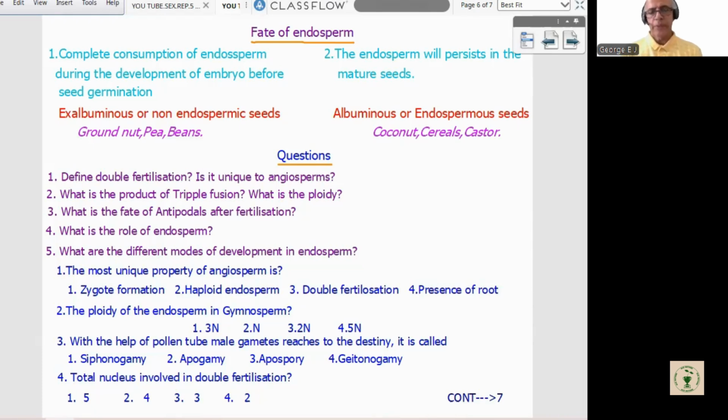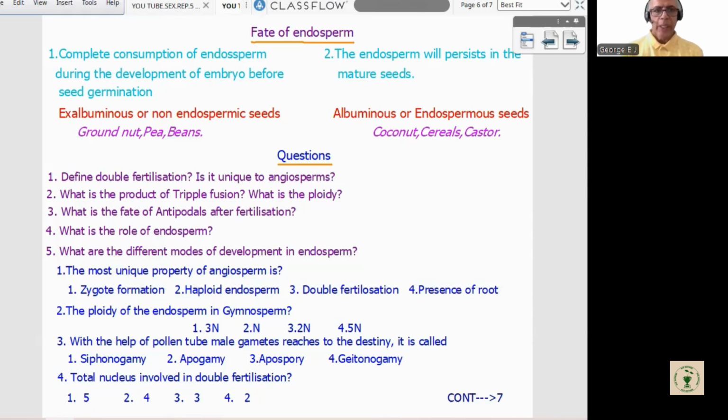Now the counter: endosperm persisting in the mature seed. Since the endosperm is proteinaceous and stays there, such seeds are otherwise called albuminous or endospermous seeds. Examples are coconut, cereals, and castor.